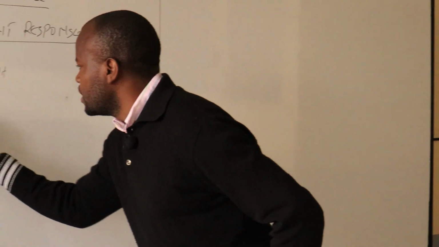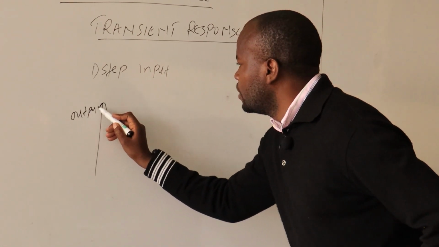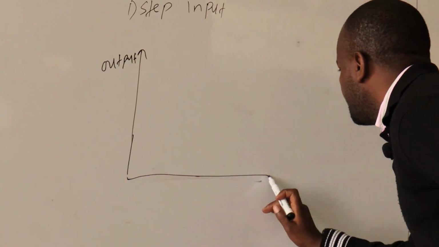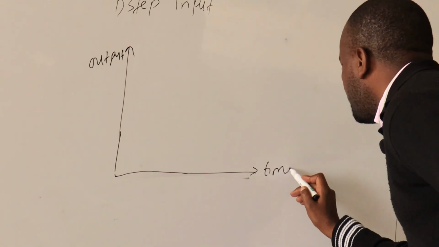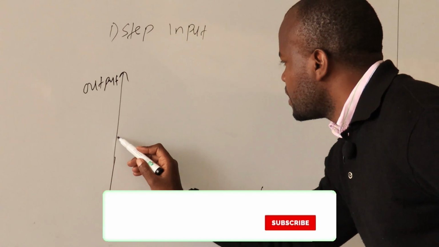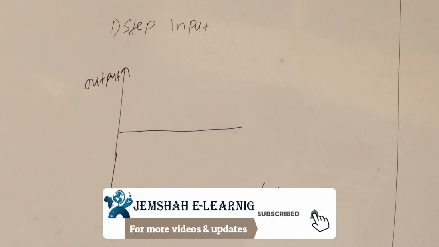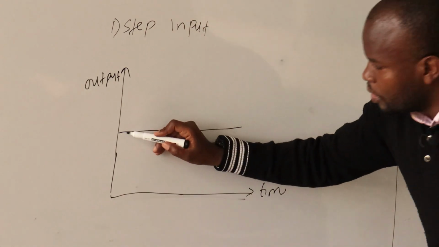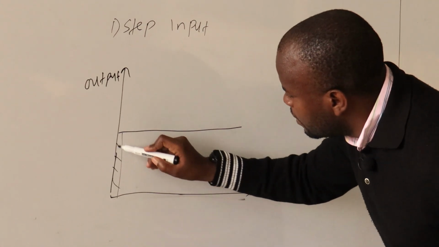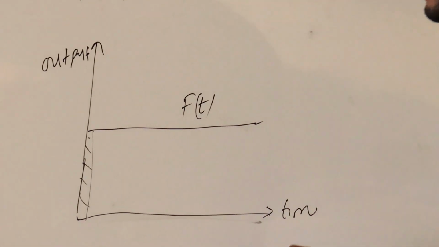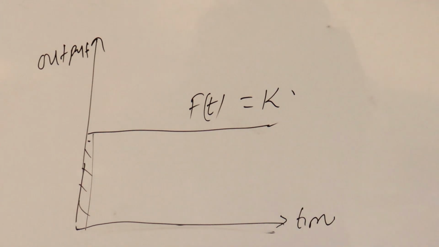Considering the system output against time, there is just a sudden rise in the output, and this happens in 0 time. So we are saying that the function f of t is equal to a constant.